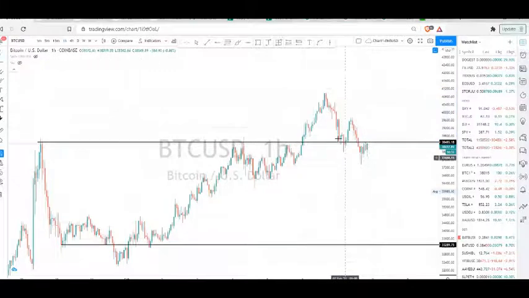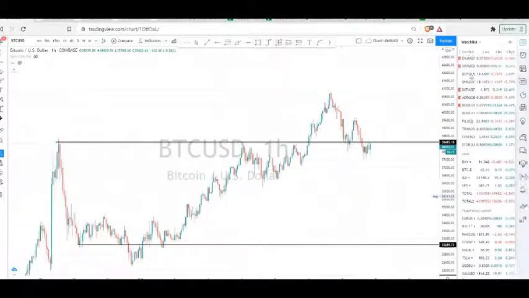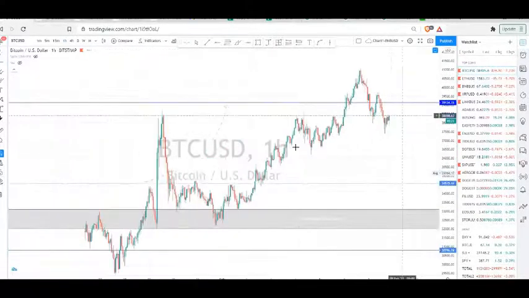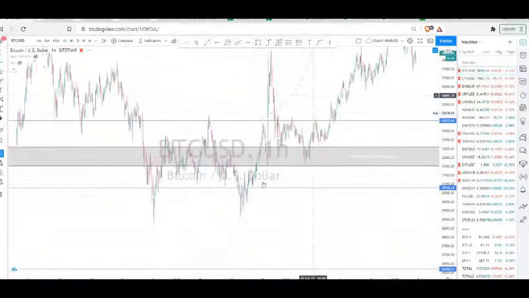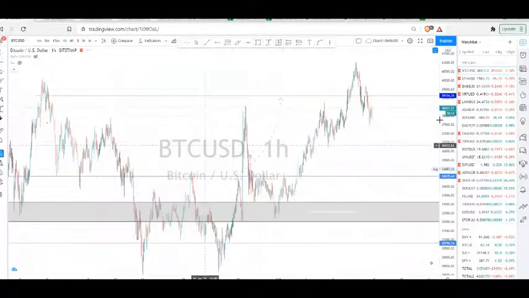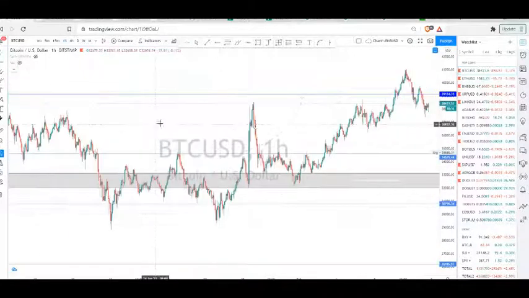So I'm going to buy the retest of this level. That's what I did in this support and resistance: I just marked some areas, and those areas show me where to always buy and where to always sell, especially when you are trading in a range.